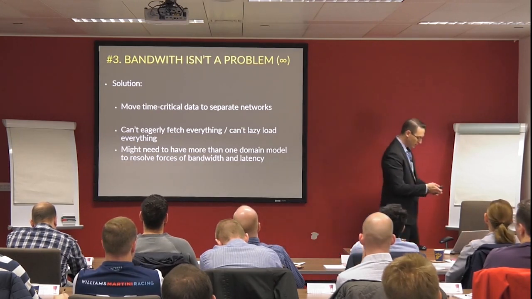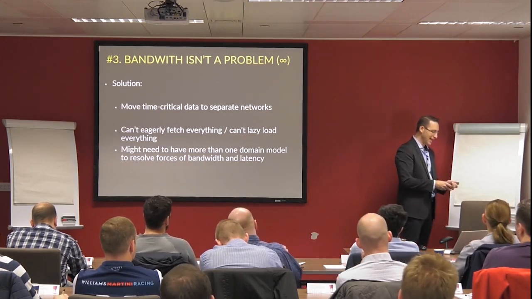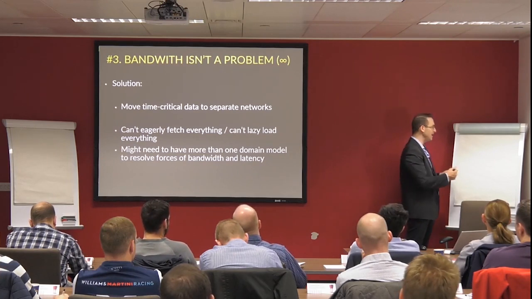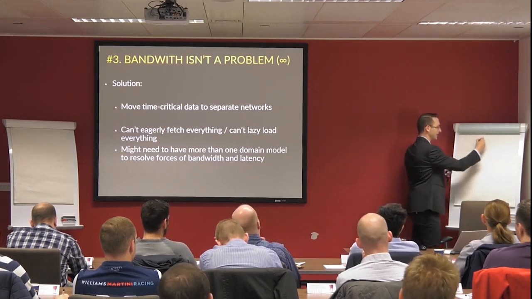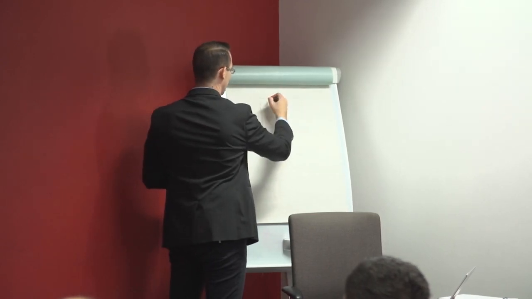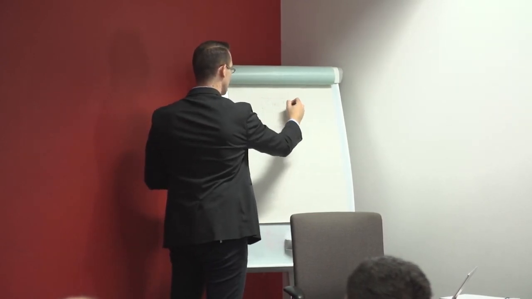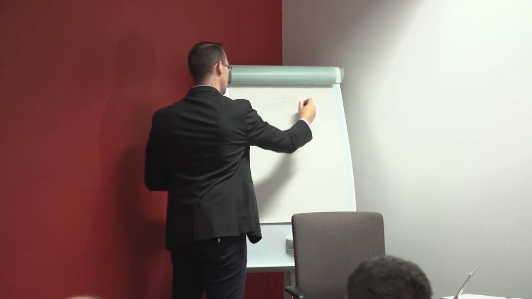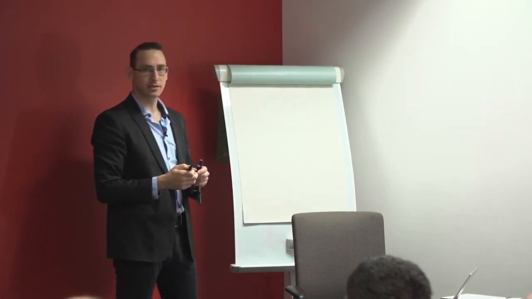So let's say that we had an API, a service layer. Let's just call it something related to customers, okay? That had two methods on it, all right?